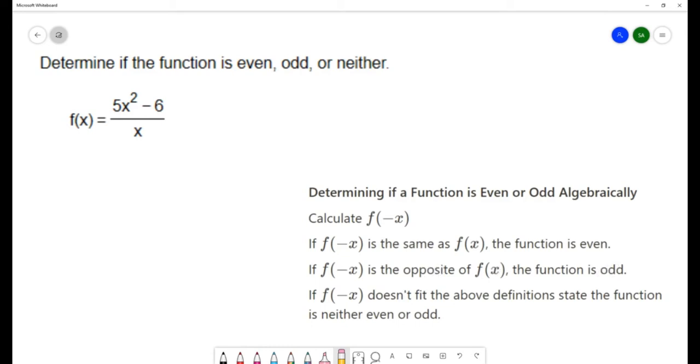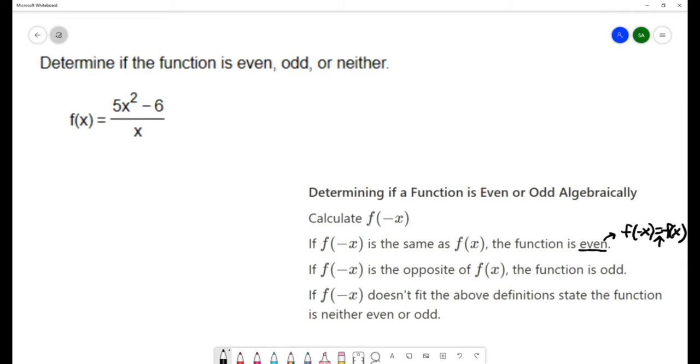Now, the reason we know this is coming from the definition of even and odd. From the definition of even, we get that f of -x equals f of x. So this calculation of f of -x is the same as f of x.